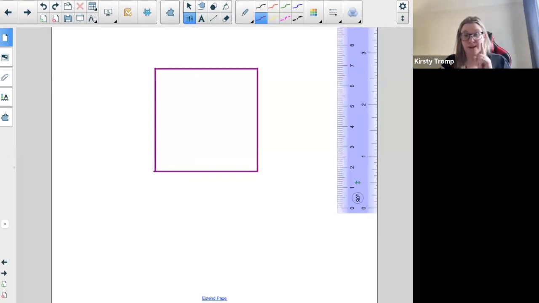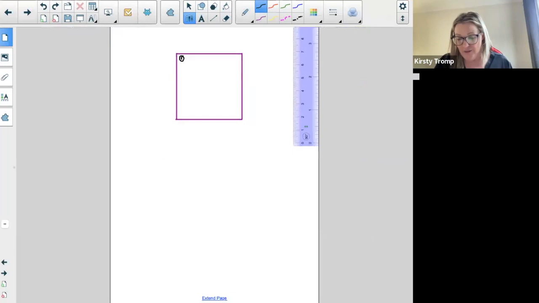There's my first face, face number 1. If I want to, I can tell myself that's the first one. All right, so then you've got to picture this square. If you had to cut it up and look at all the different sides of this cube, what would we be seeing here, everybody?